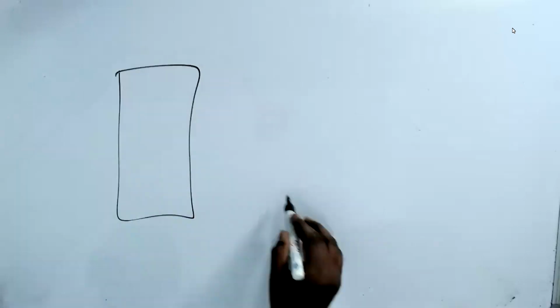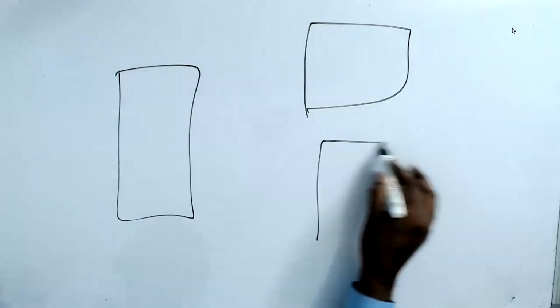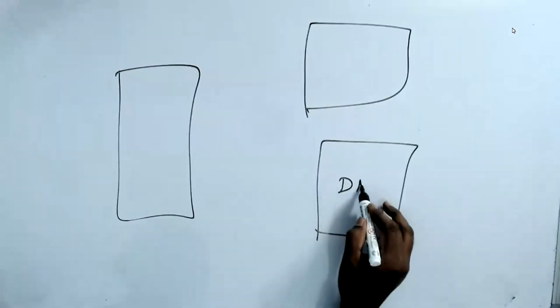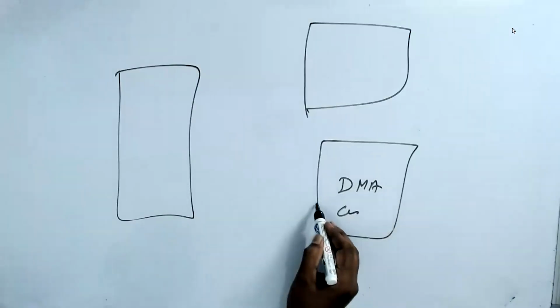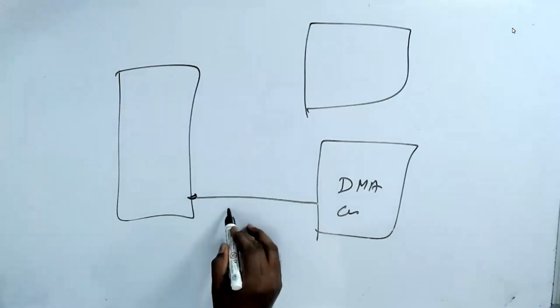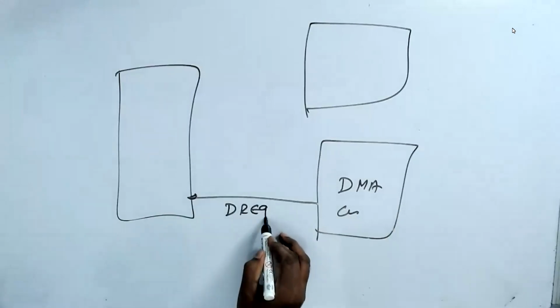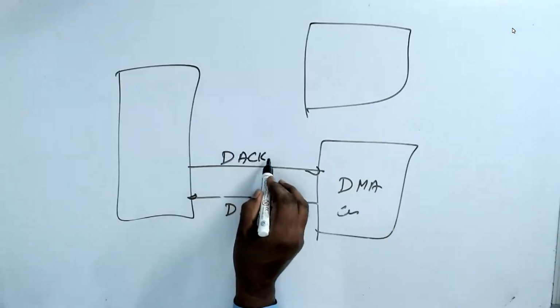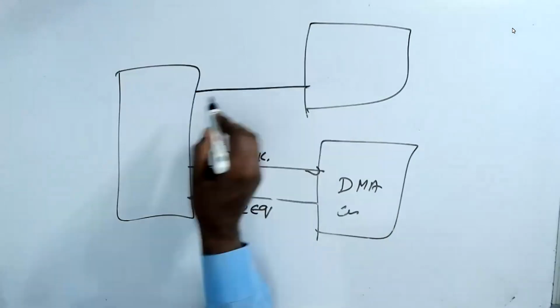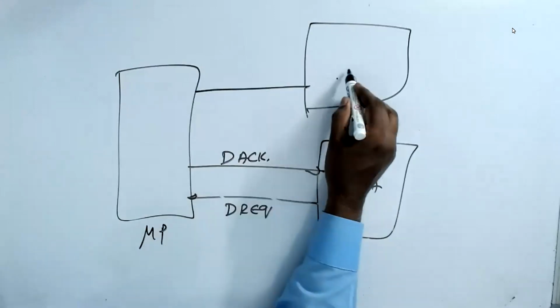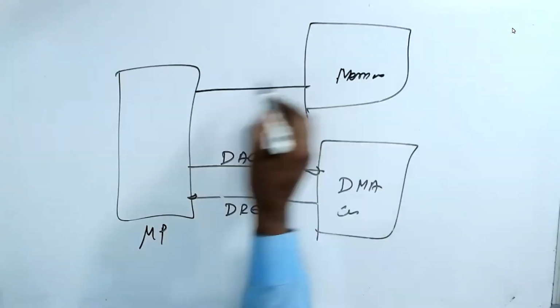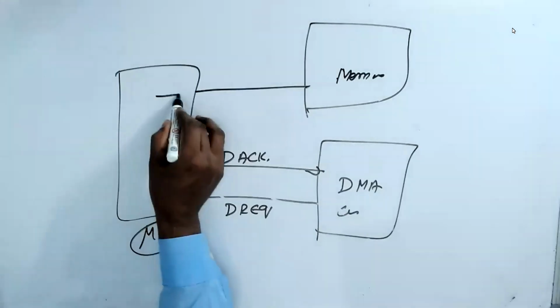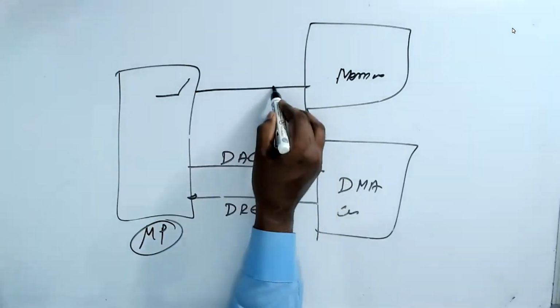Okay, then I think I fairly explained the DMA controller. There is a controller, a memory, and a DMA controller. This guy gives you a signal called DMA request, and this guy gives a signal called DMA acknowledgement. Normally, the microprocessor owns the memory through an internal switch, which is also connected to the bus.